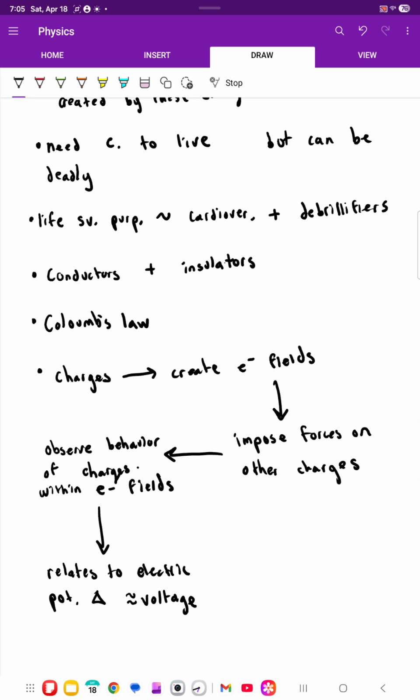By imposing forces on other charges using electric fields from source charges, we can observe the behavior of charges within electric fields, and see how this relates to electric potential, also known as voltage, between two points in space. Then we can determine the change in electric potential energy as the charge moves from a position of some electric potential to another.